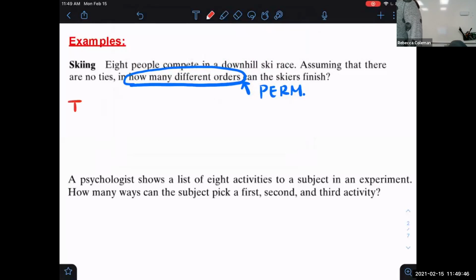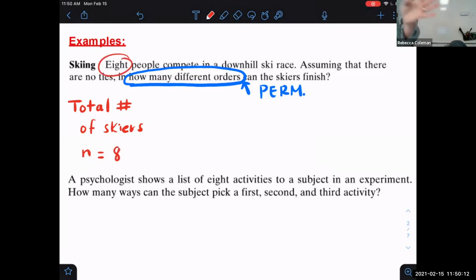So in this situation, what is the total number of skiers? I'm going to use N to denote that, kind of like a sample space. What would N be in this particular example? How many objects do I have to order here? 8.